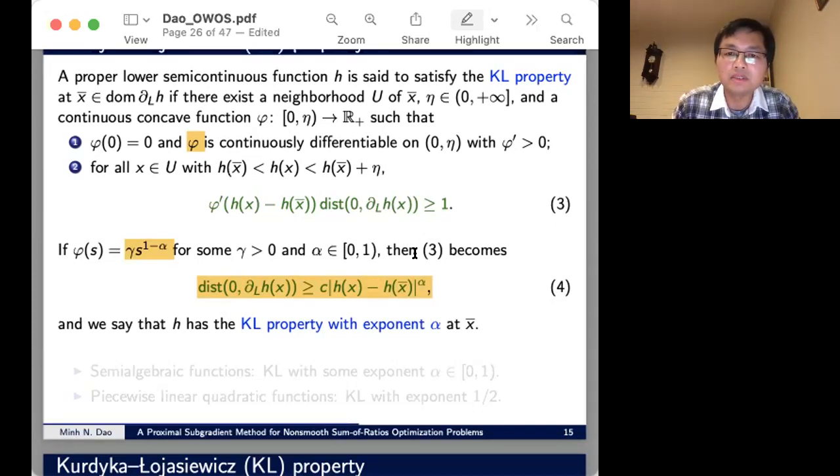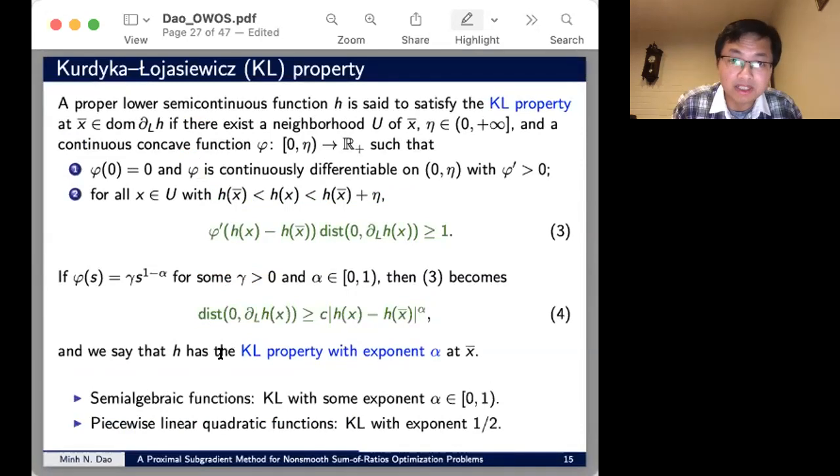If the inequality holds for every x, then we call h a KL function, or KL function with exponent alpha, if we satisfy this property for any x with the same exponent.